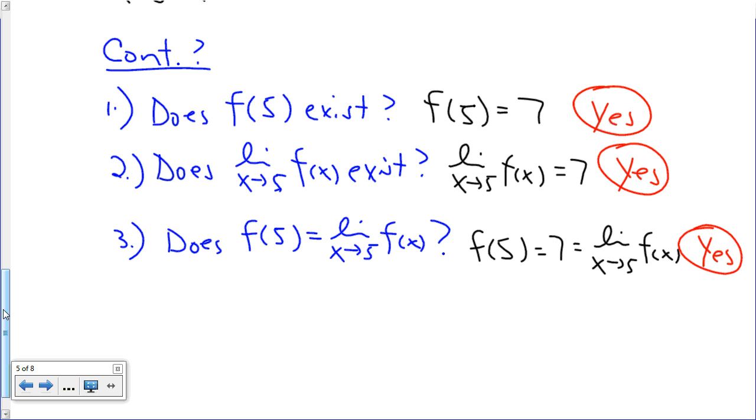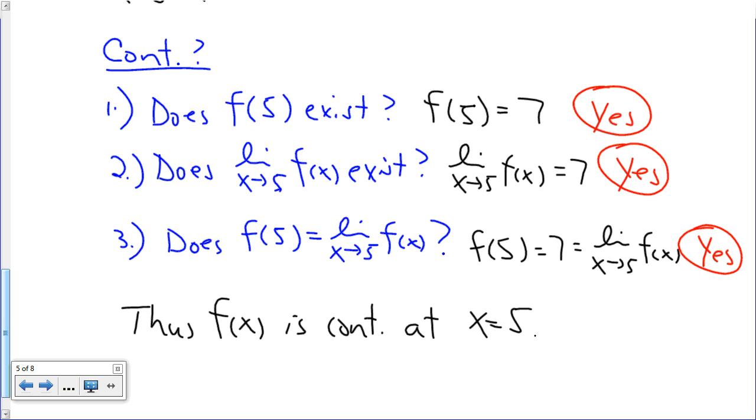Because we've met all 3 parts, and I'm only continuous if I meet all 3, I can conclude that the function is continuous at x equals 5. Thus, f of x is continuous at x equals 5. Okay, so our calculator did a pretty good job of showing what this function looks like, showing a discontinuity at 2 but a continuity at 5.